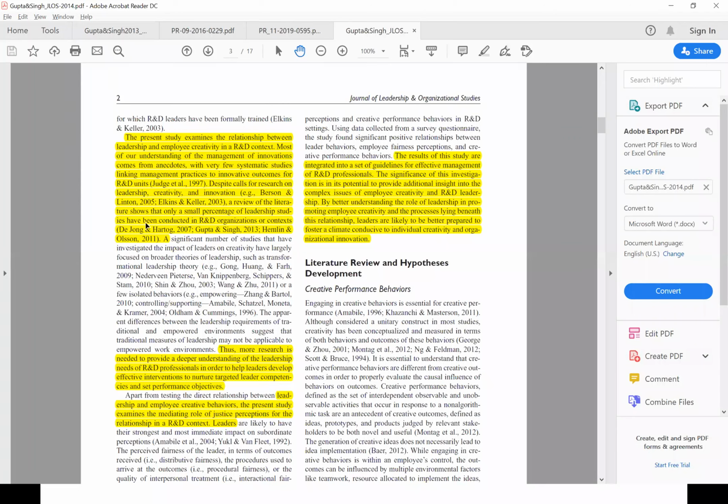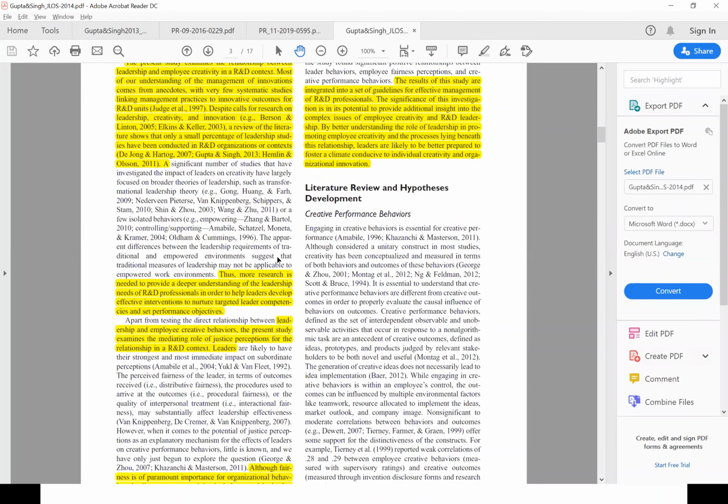And when I say a small percentage of leadership studies have been conducted, I am quoting very recent 2011, 2013, 2007 studies. Thus, more research is needed to provide a deeper understanding of the leadership needs of R&D professionals in order to help leaders develop effective interventions.